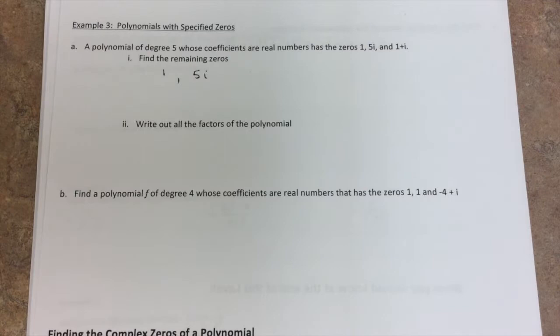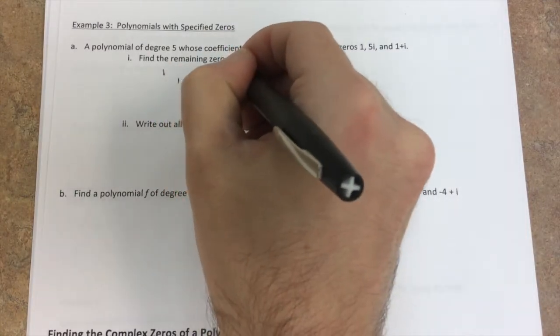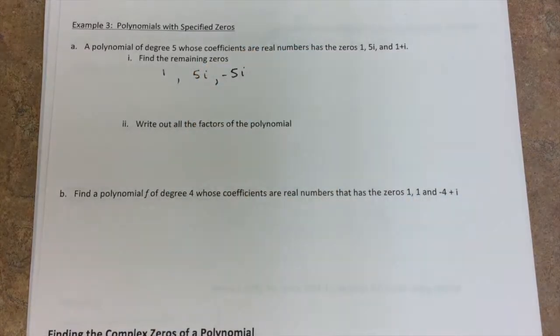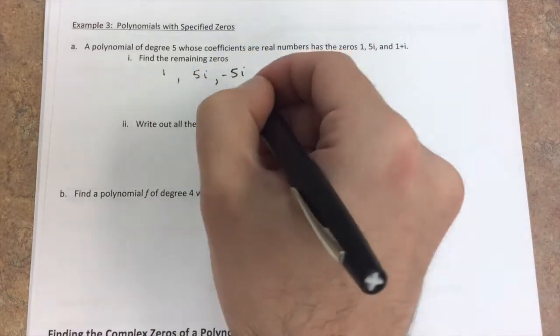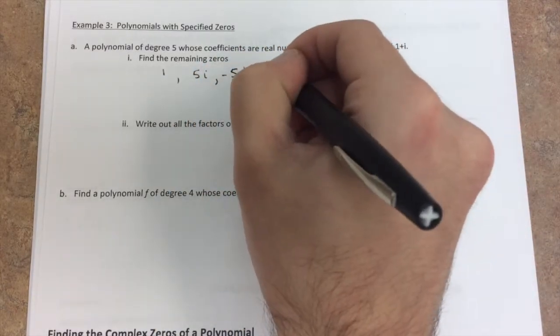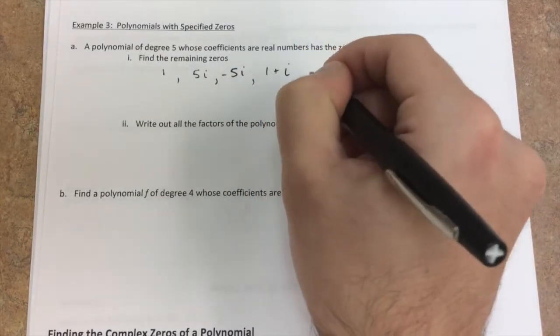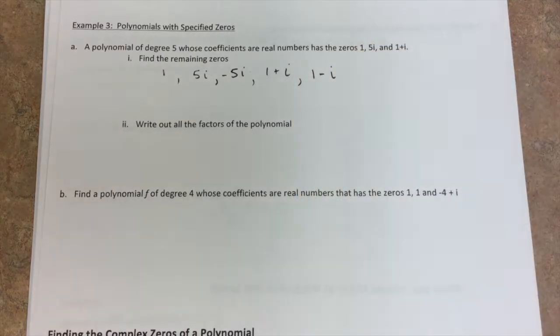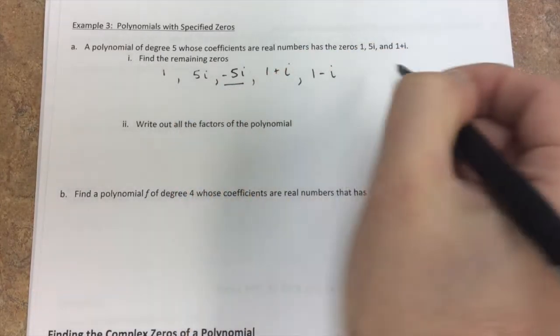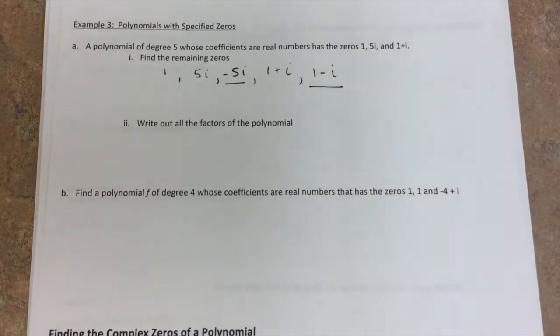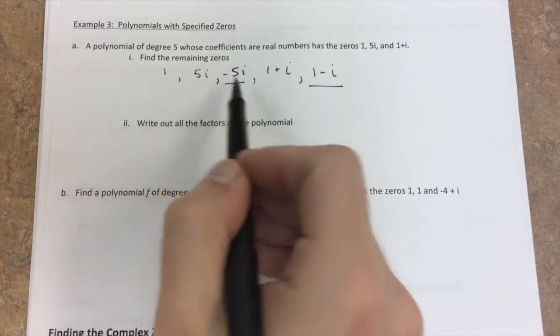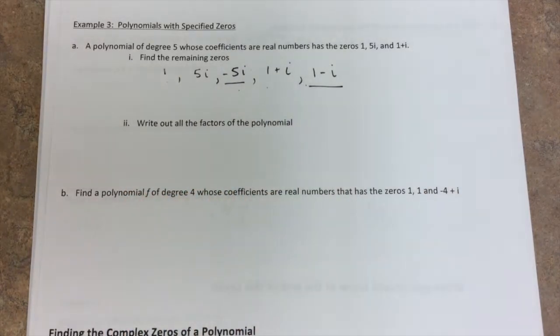Well, from the start, we said that complex zeros come in pairs, so we get negative 5i for free. Then we have 1 plus i as a 0. So that means 1 minus i we get for free. So negative 5i and 1 minus i give us our missing 2 zeros. And we have 1, 2, 3, 4, 5 roots or zeros.